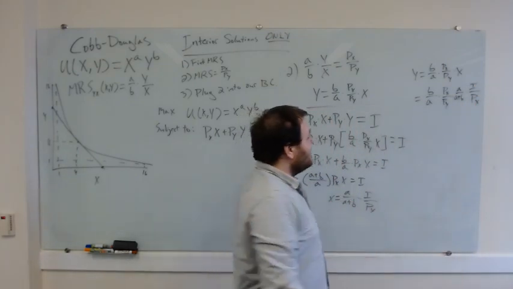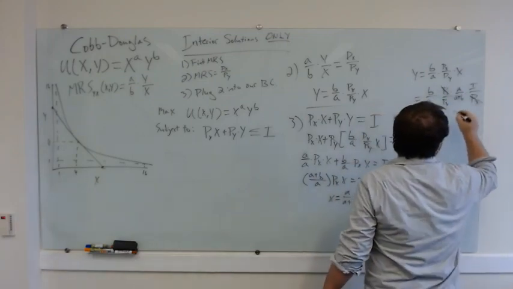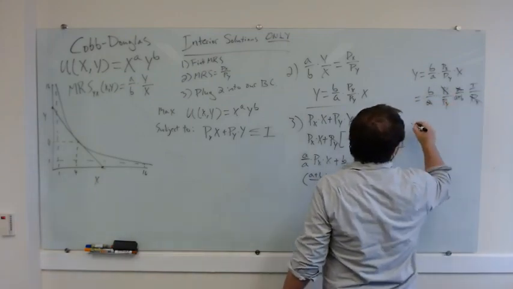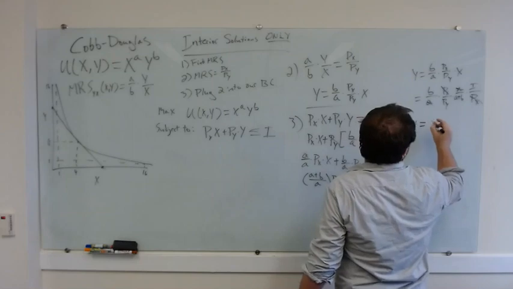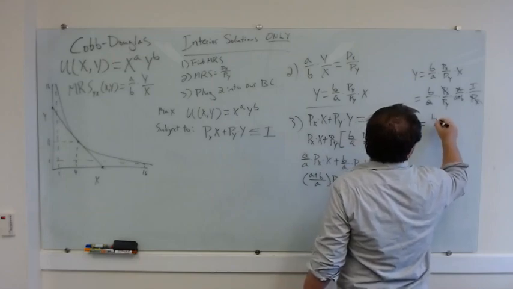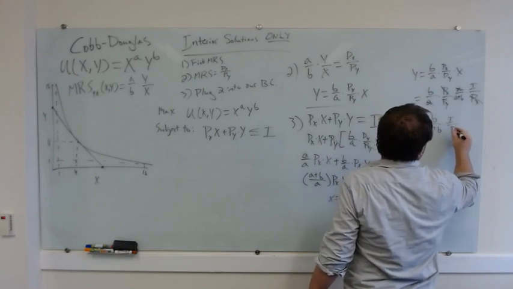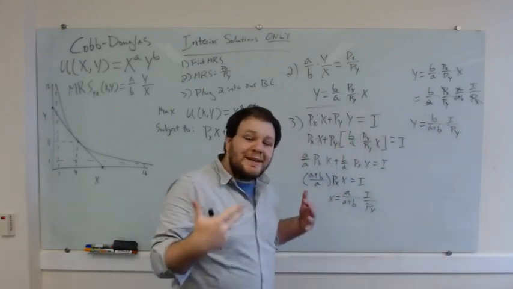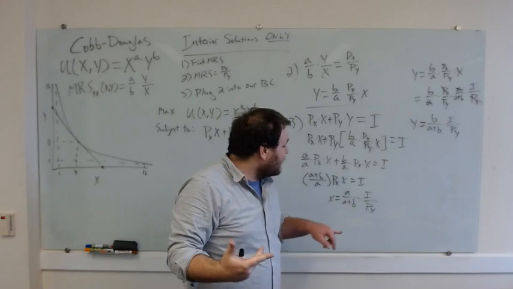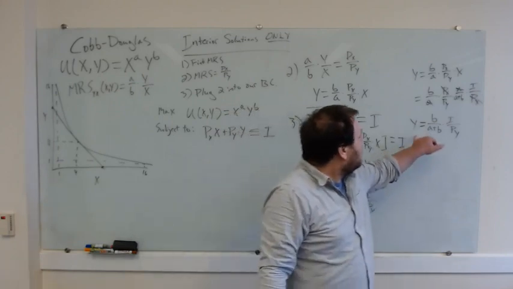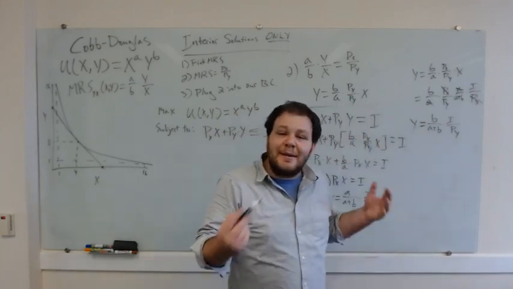Very convenient. Our Px's cancel, our A's cancel, and we're going to say Y equals B over (A plus B) times I over Py, right? So some good symmetry here, right? X equals A over (A plus B) times I over Px. Y equals B over (A plus B) times I over Py.